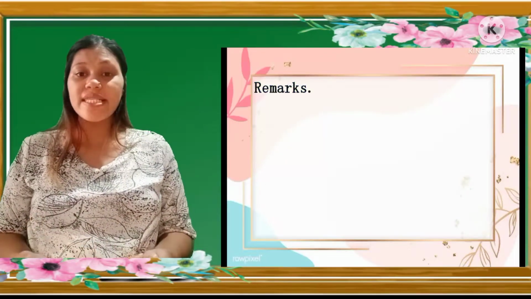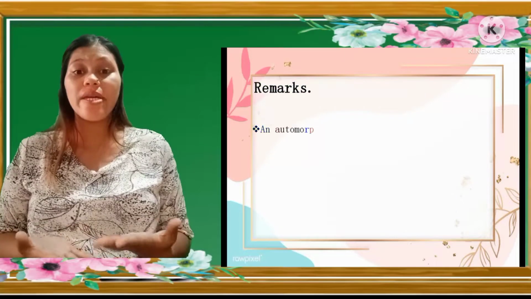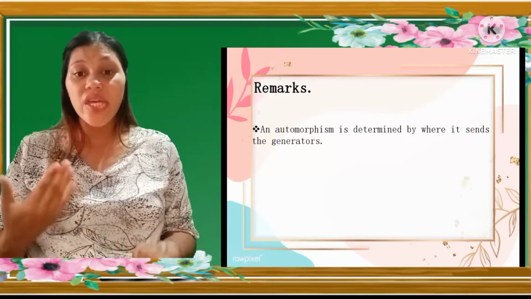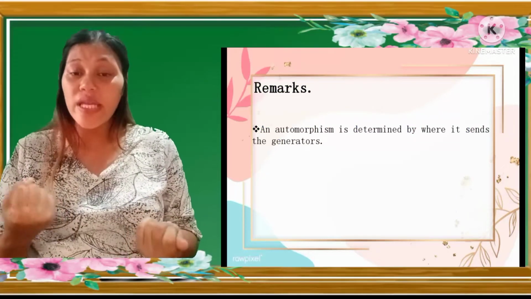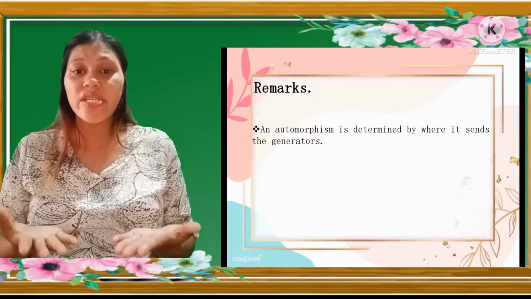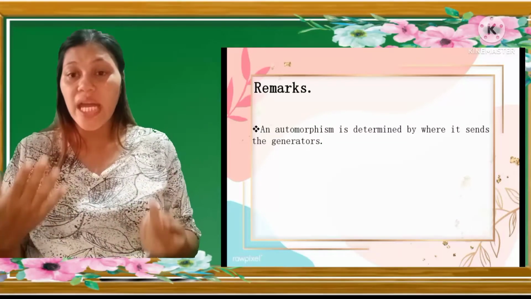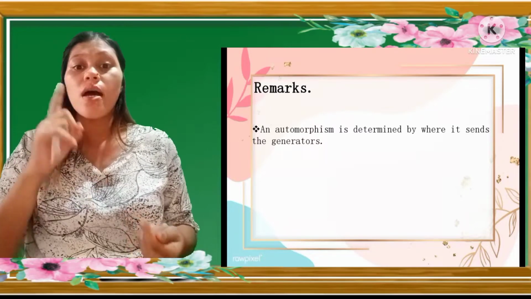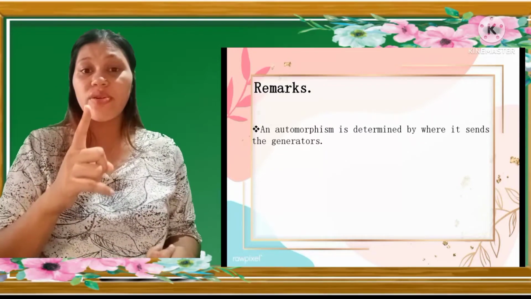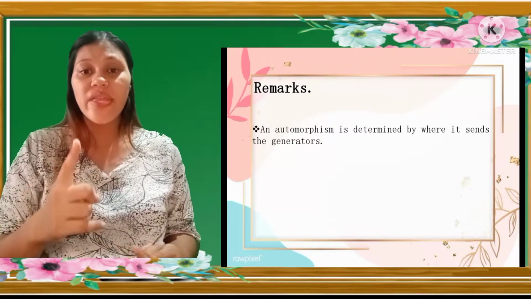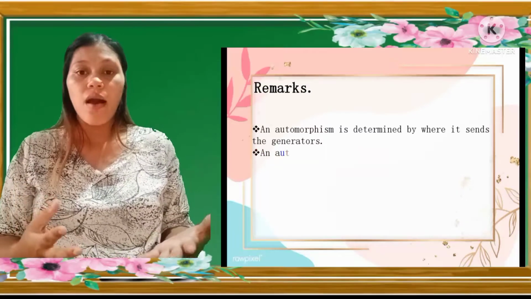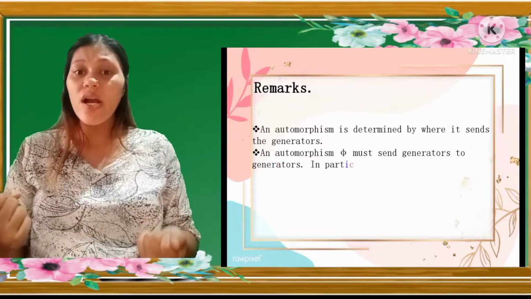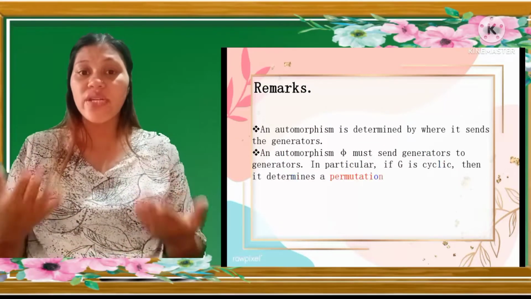Several remarks. First, an automorphism is determined by where it sends the generators. For whatever set of generators you want to pick, just fix one. Once you send the generator somewhere, everything else is determined. Also, any automorphism must send a generator to a generator.